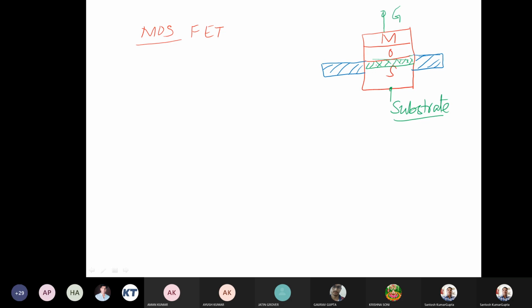Suppose this is N type, then these are also going to be N type. One is called source and another is called drain. Source and drain are just nomenclature for now; we will see more about this as we discuss in this course.